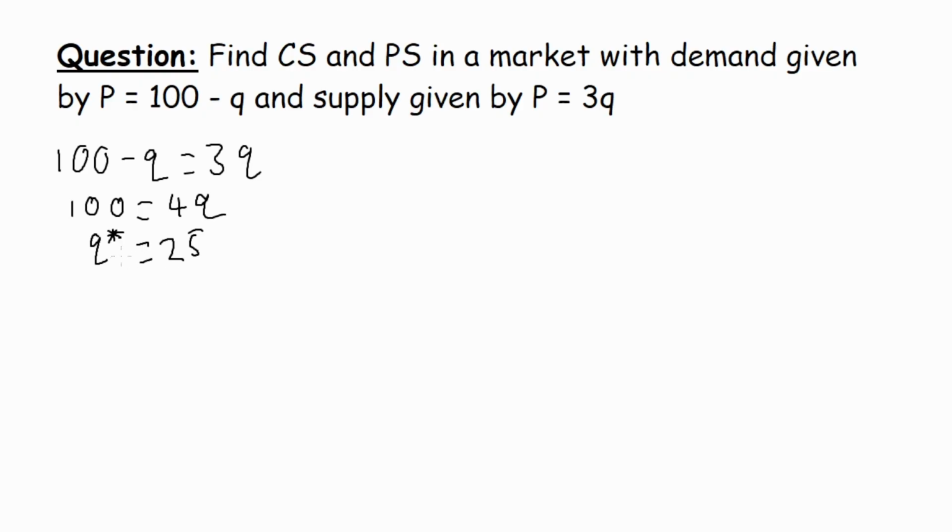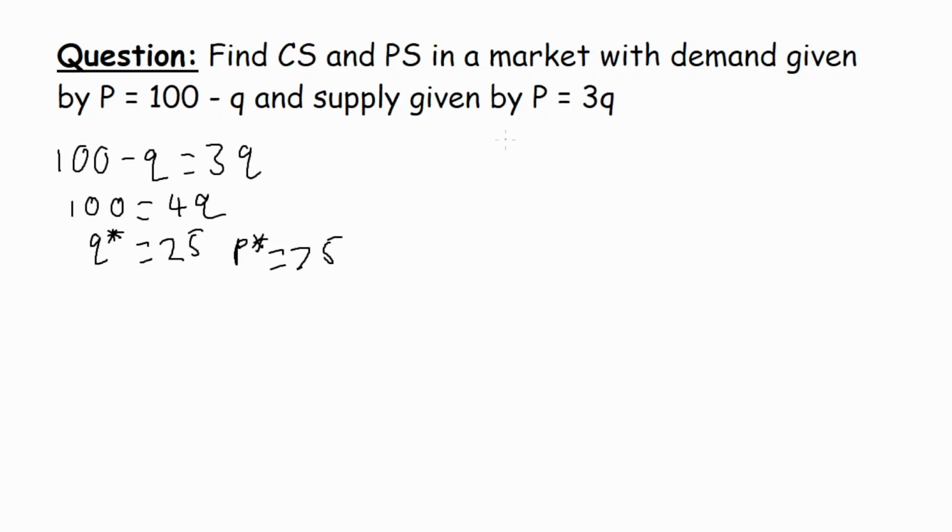Then we can easily plug this number back into either of our equations to find the equilibrium price. Putting it back into supply, 3 times 25, the equilibrium price must be 75.